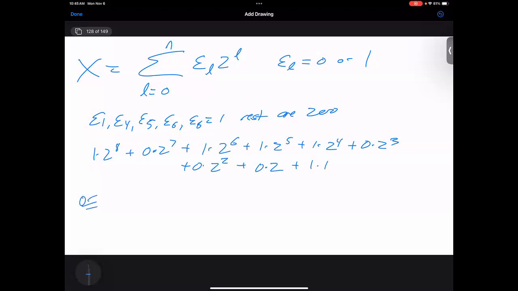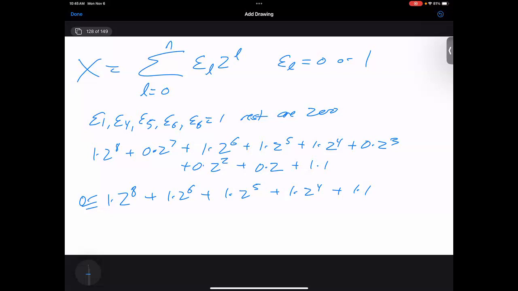Or I could just write it as 1 times 2 to the 8 plus 1 times 2 to the 6th plus 1 times 2 to the 5th plus 1 times 2 to the 4th plus 1 times 1. Just writing down the terms that aren't 0.